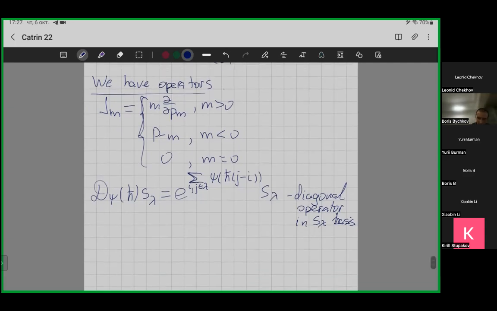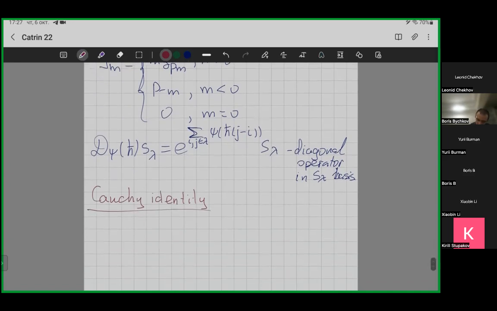So we have a Cauchy identity for Schur functions, which is the sum over all lambdas of s lambda of P times s lambda of S, equal to the exponent of the sum of p_i s_i over i, from 1 to infinity. Sorry for the two S's here.